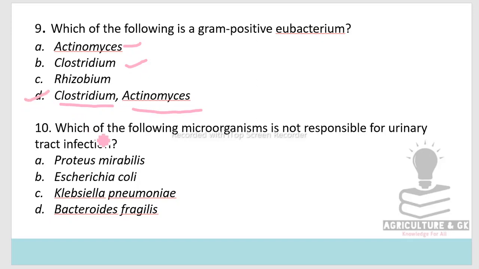Now moving next, which of the following microorganisms is not responsible for urinary tract infection? We commonly say UTI. So which one of these microorganisms is not responsible for UTI? Proteus mirabilis, E. coli, Klebsiella pneumoniae, they cause UTI.